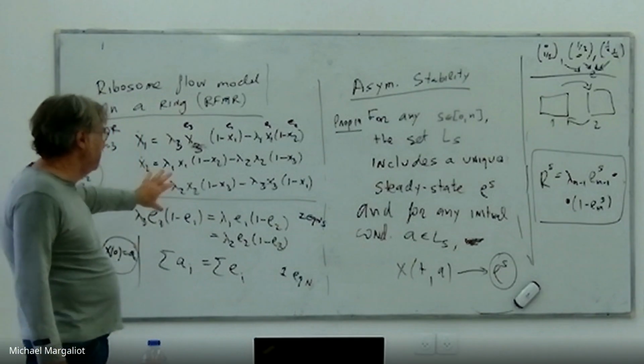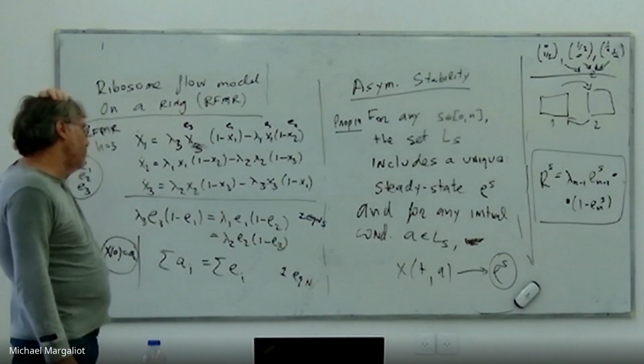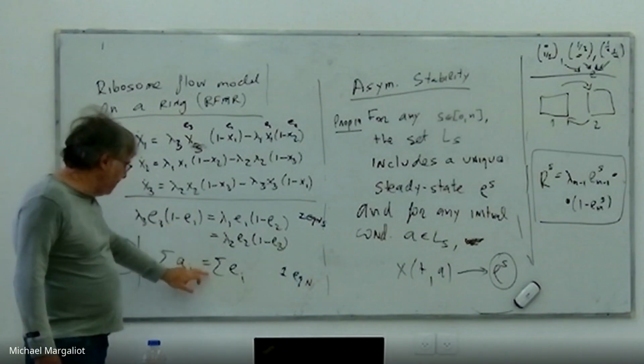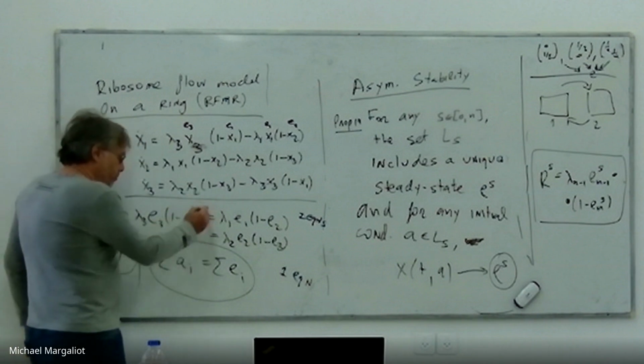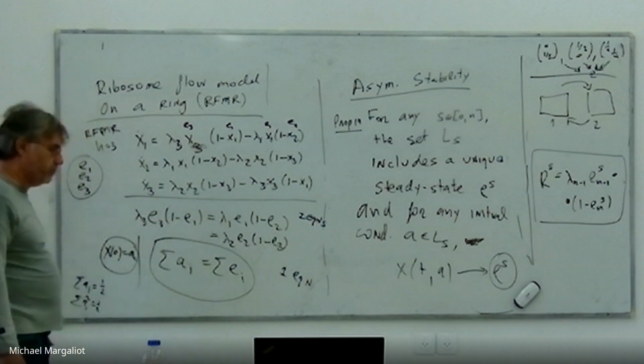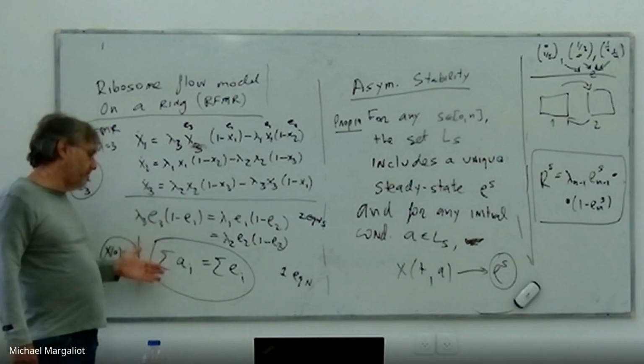But in some sense, things here are completely different because you have to take into account this equation as well. If you don't take into account this equation, you don't have enough equations to specify uniquely your equilibrium point, or to solve for your equilibrium point. So in some sense, this is very different from the RFM.